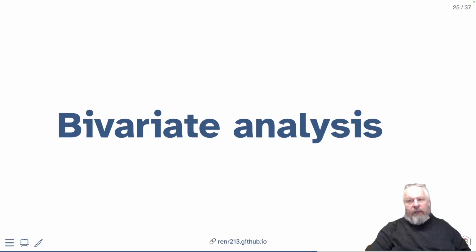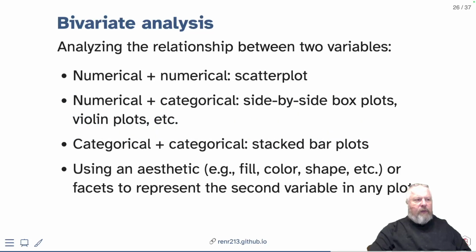Okay, what if we're dealing with two variables? So that's bivariate analysis instead of univariate, as we were discussing before. So we're looking at the relationship between two variables. If we were looking at two numerical variables, scatterplot would be the best.